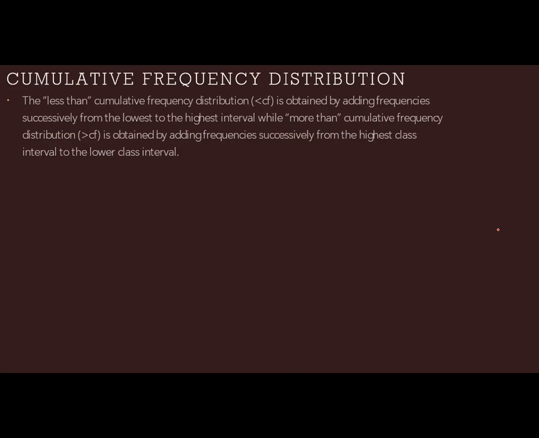The less than cumulative frequency distribution is obtained by adding frequencies successively from the lowest to the highest interval, while the more than cumulative frequency distribution is obtained by adding frequencies successively from the highest class interval to the lower class interval.